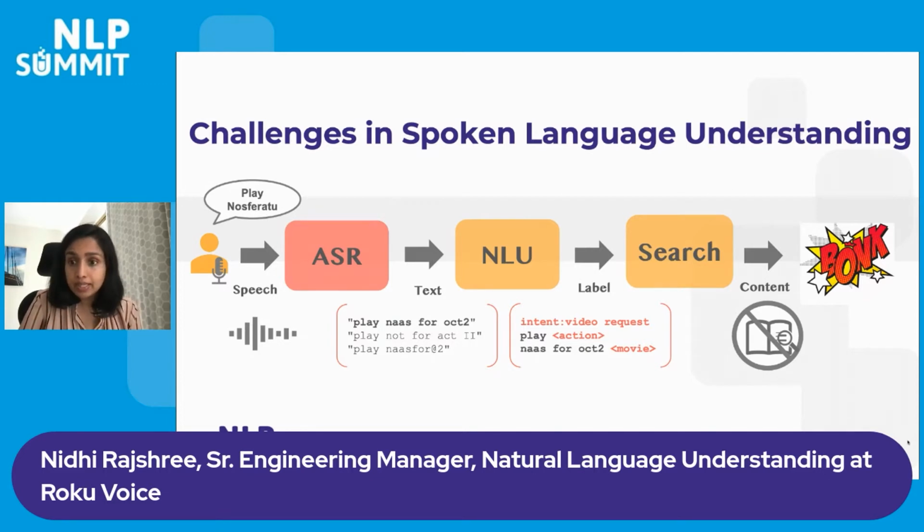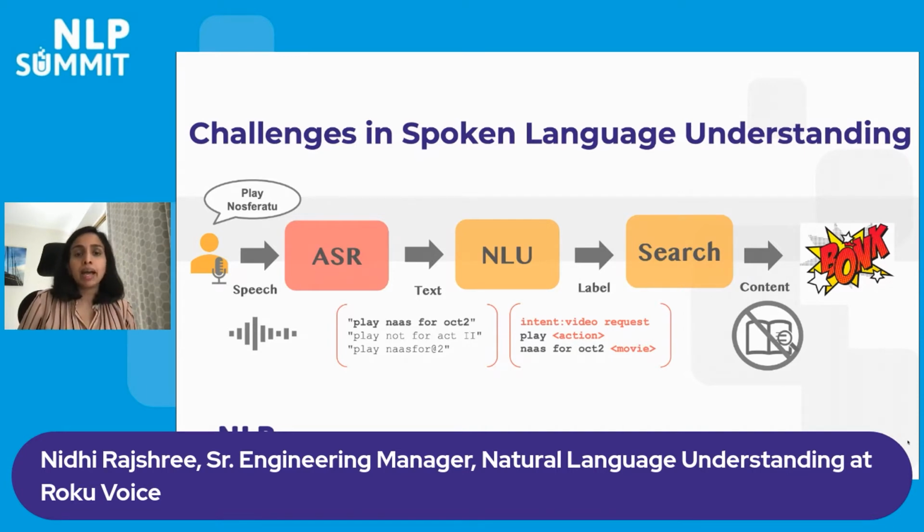Now, even though ASR systems have significantly improved over the last decade, they still introduce a lot of errors when they transcribe speech to text. Now, here's an example where the user is requesting the movie Nosferatu, which goes through an ASR system, and then you can see the transcription is all over the place. Now, when an error occurs at this stage, it's extremely hard to recover from it downstream.